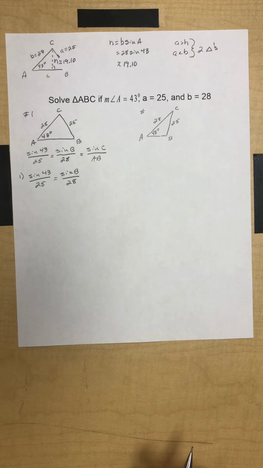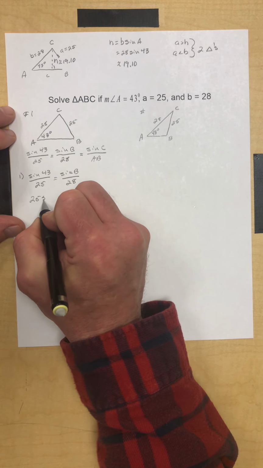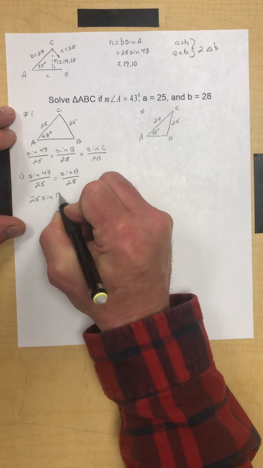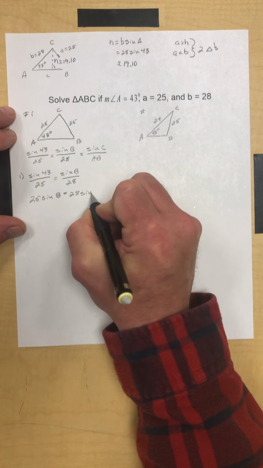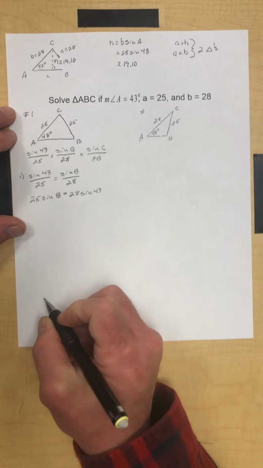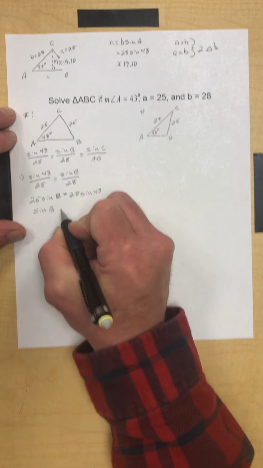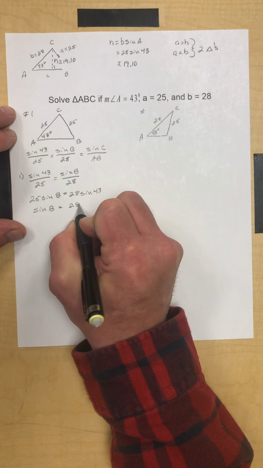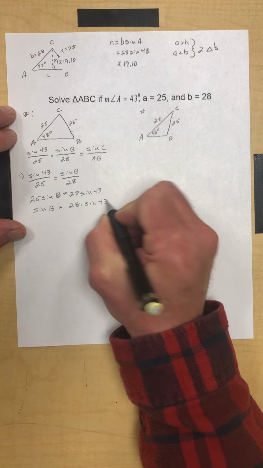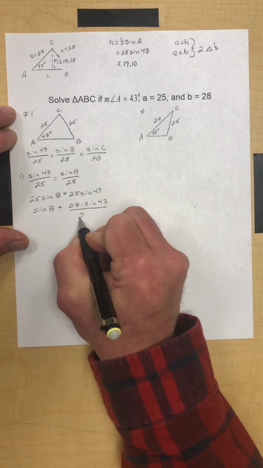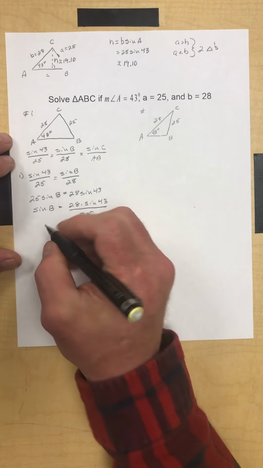Let's use our cross products. 25 times the sine of angle B equals 28 times the sine of 43 degrees. Divide by 25, so we get the sine of angle B equals 28 times the sine of 43, all divided by 25. And then we have to use sine inverse.